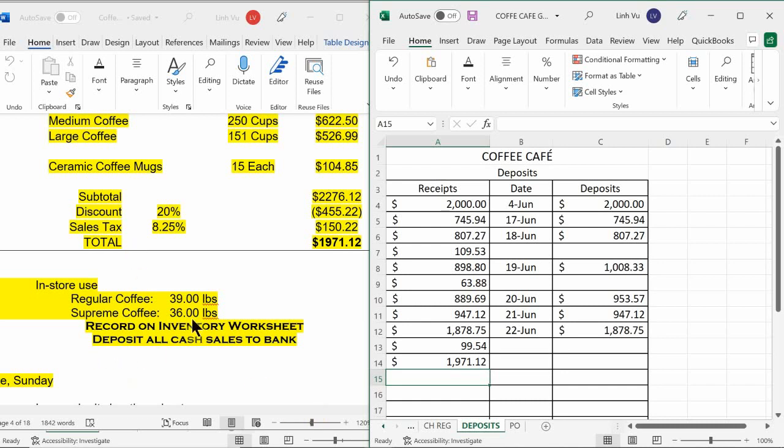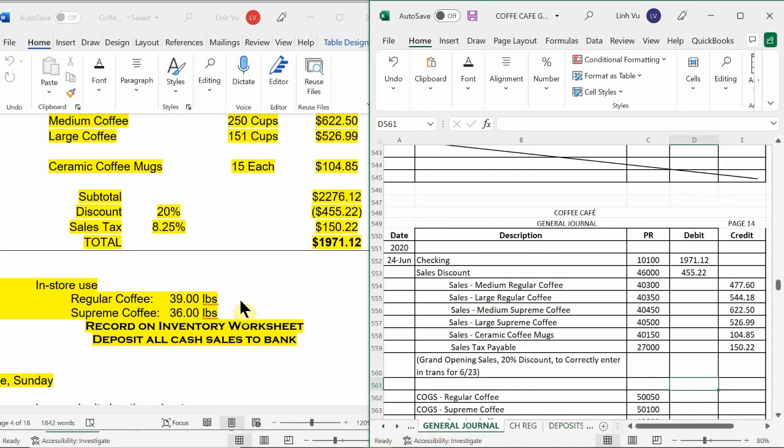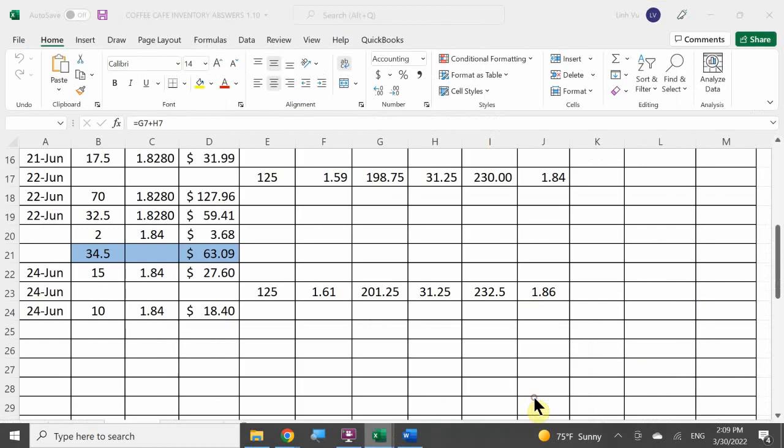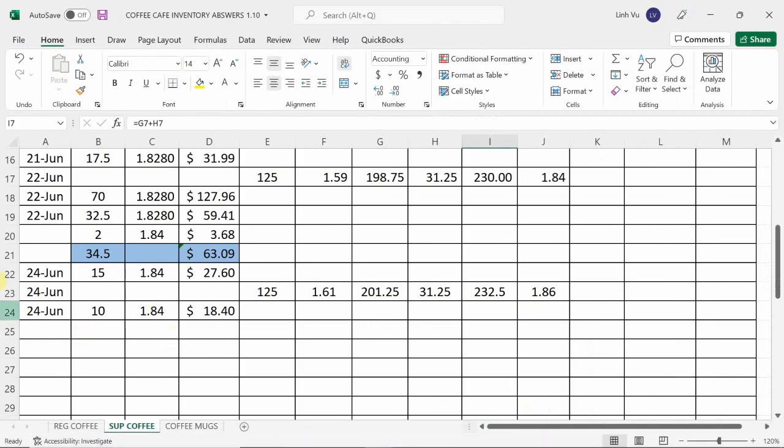Okay. So in this case, when we need to adjust our inventory, here's a few things. Because in our inventory worksheet, we have a few things that we did. We received inventory, then we end up selling to the corner bookstore, and so on and so forth.